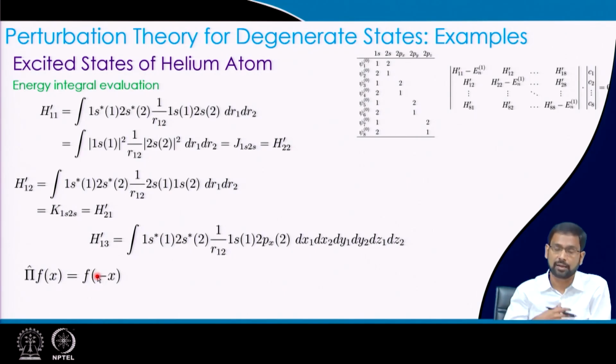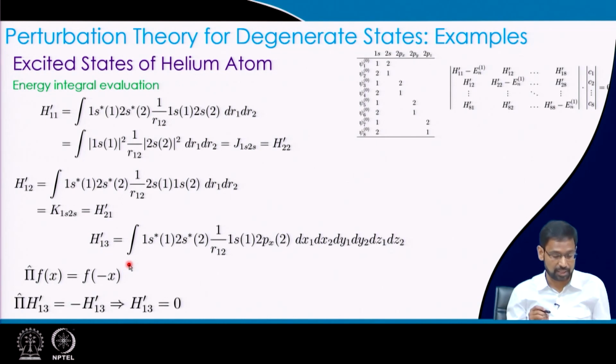It simply changes the coordinate. The even functions and the odd functions are the eigenfunctions of a parity operator. So in this case, if we change x1, y1, z1, x2, y2, z2 all to their negative values, that means I am applying this parity operator with respect to x1, x2, y1, y2, z1, z2.